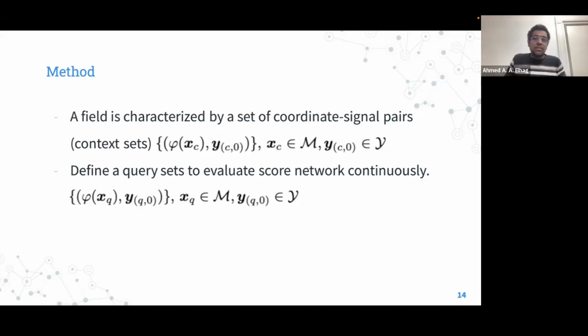And then you parameterize a field by a set of coordinate-signal pairs. So you sample from this function a set of context and query pairs. You sample coordinate x and your signal y, and then you just stack them. You also define a query set in the same way, sampling from your function x and y.